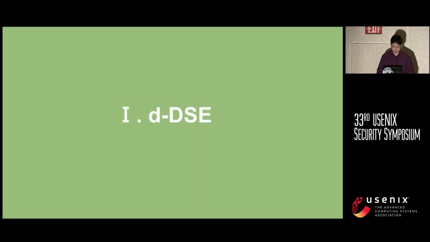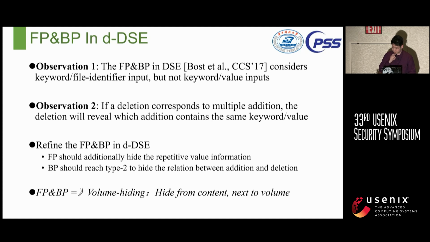So in distinct DSE, we refine the forward and backward policy in DSE. There are two differences: the forward policy should additionally hide the repetitive value information, and the backward policy should reach type 2 to hide the relation between addition and deletion.